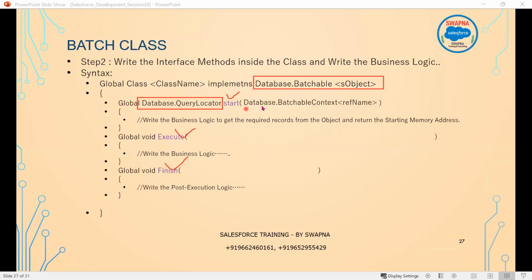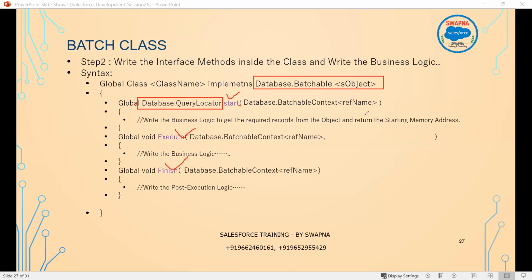That means Database.BatchableContext is the parameter for the start method, another parameter for the execute method, and similarly the finish method also should have Database.BatchableContext, and you can give any name here. If you do not have this Database.BatchableContext parameter in every method, then they are not linked to each other. They cannot communicate with each other.